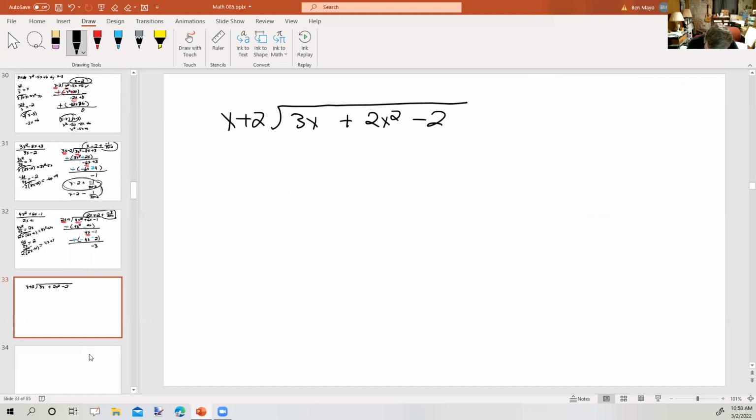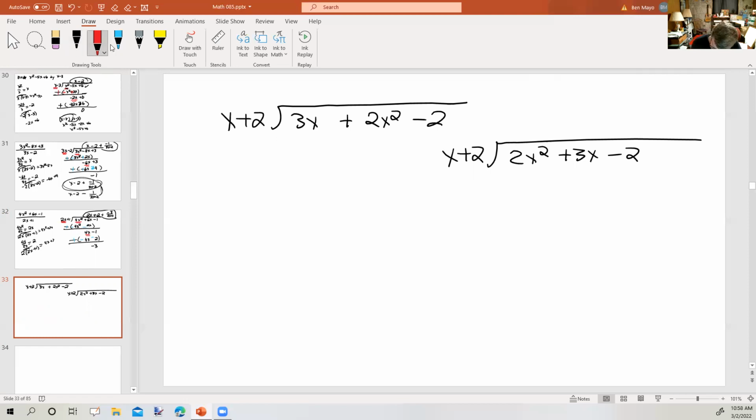So we rewrite it as x plus 2 outside and inside 2x squared plus 3x minus 2. You've got to do that before you start the process or things will be not good. Okay. So we'll take leading term inside divided by leading term outside. 2x squared divided by x, which is 2x.